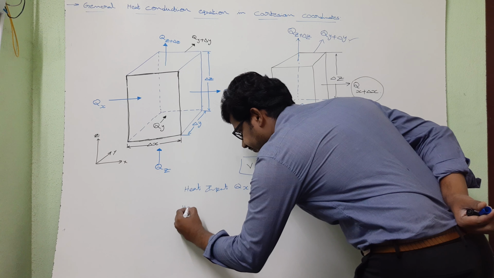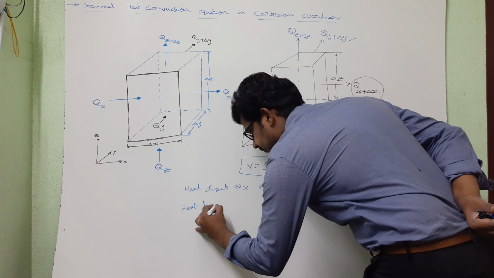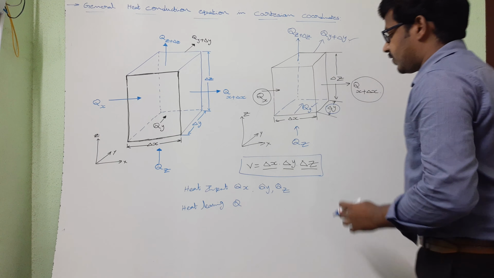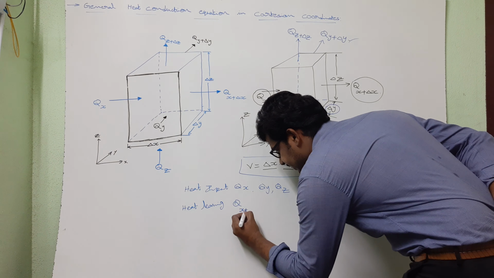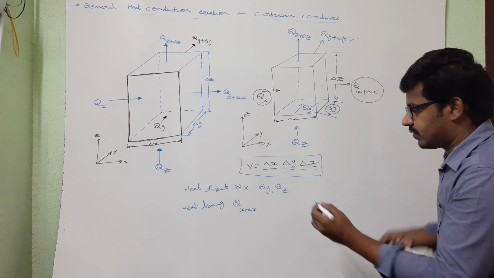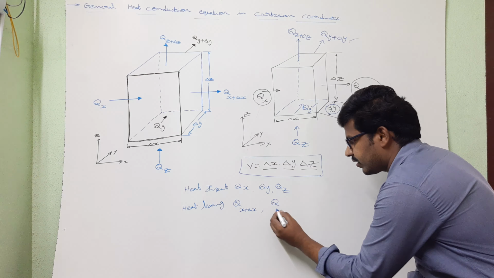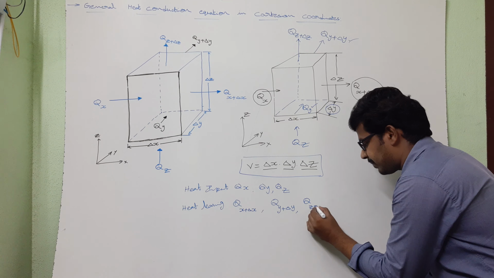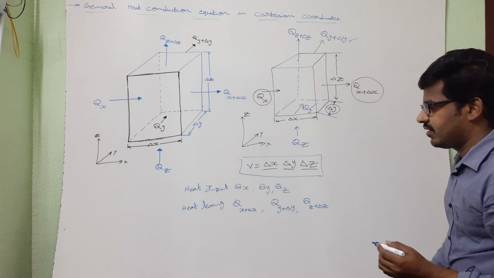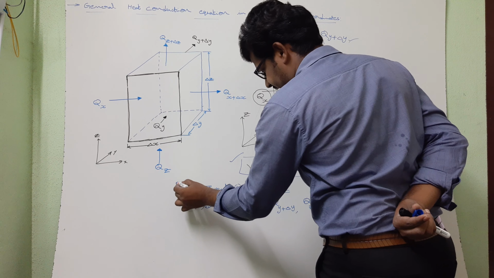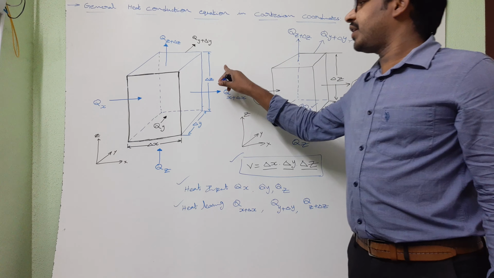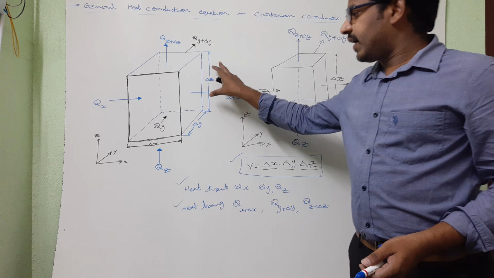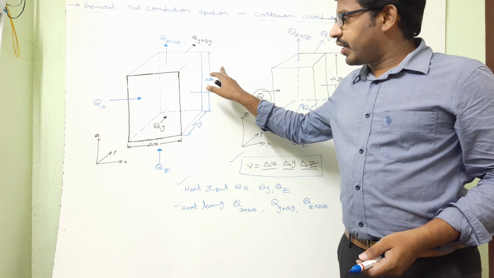Heat leaving is qx plus delta x, along the y direction qy plus delta y, along the z direction qz plus delta z. These three, volume, heat input and heat leaving, are important terms in the Cartesian coordinate system. This is the exact diagram for Cartesian coordinate systems.